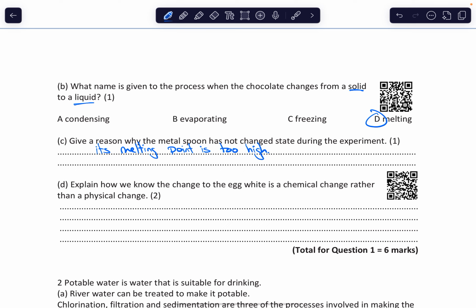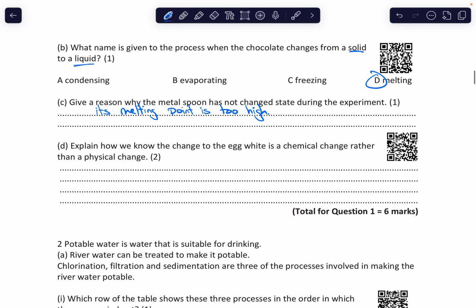Explain how we know the egg white is a chemical rather than physical change. So we need to understand what these two phrases mean. Chemical changes are ones that cannot be reversed, and a physical change is one that is reversible. So what we need to say here is that the egg white will become a solid when heated.